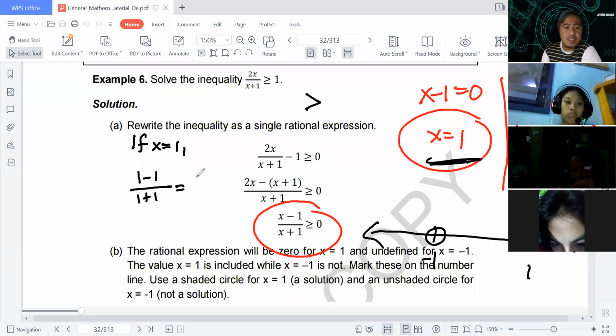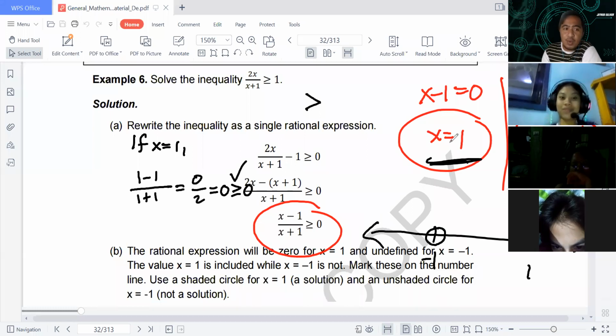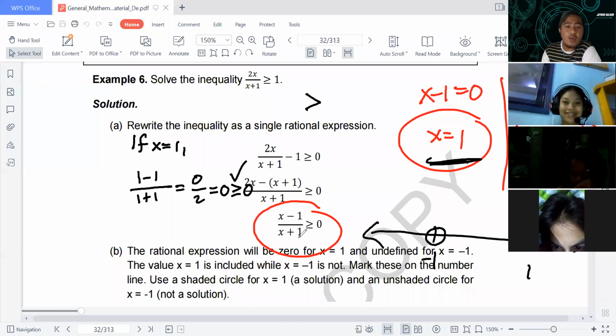It becomes 0 over 2. And that is 0. And we know that 0 is greater than or equal to 0. And that is true because it is equal. Right? So it means this value, 1, can make your equation true.